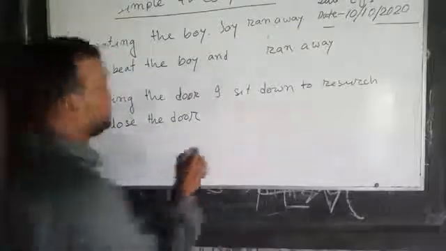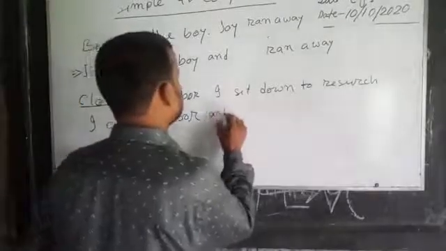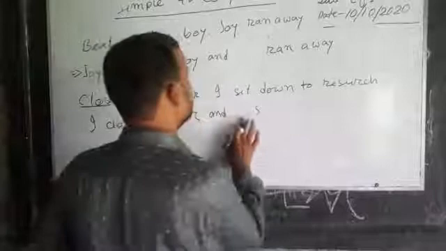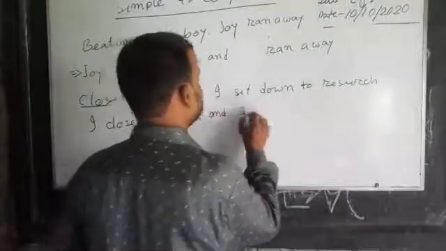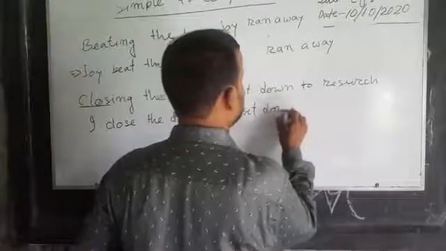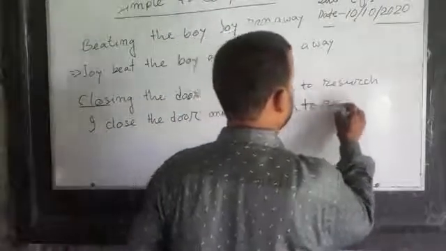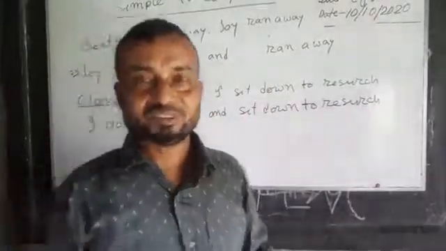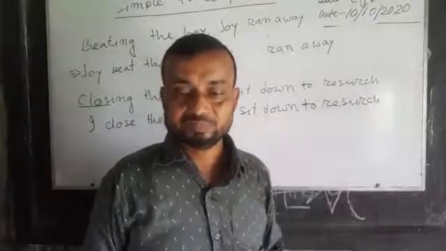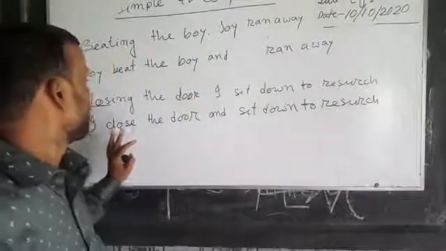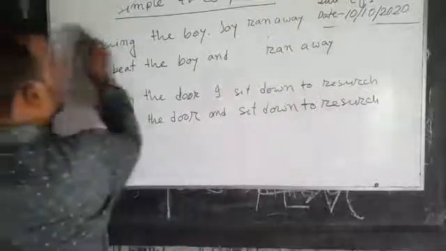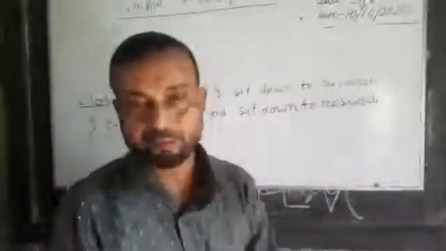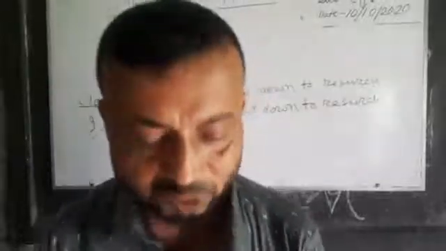I close the door and I. Here is I and here is also I, so we need not write I here. Sit. My dear students, can I make you understand? Now we can go to another rule.